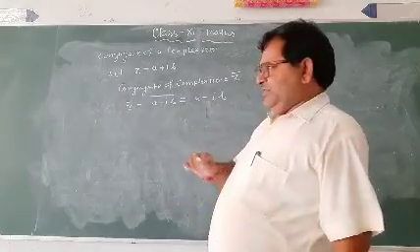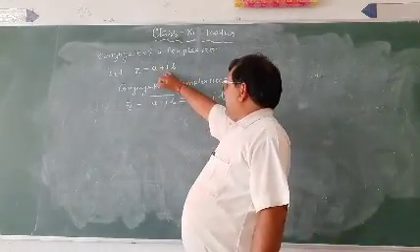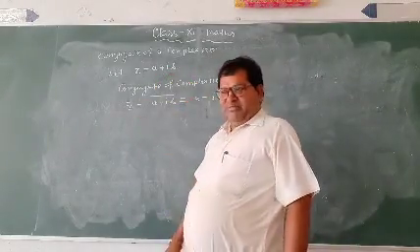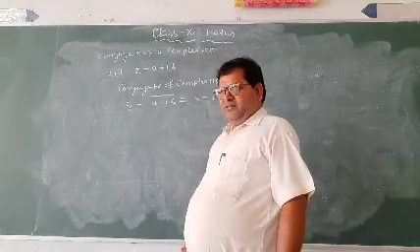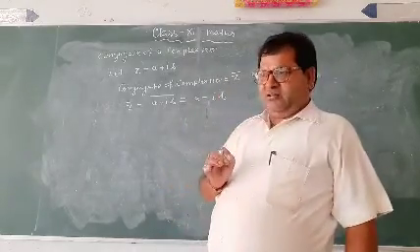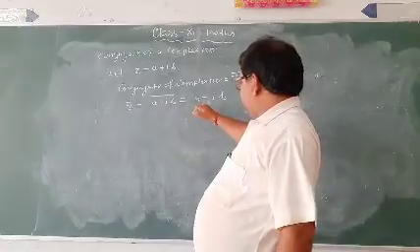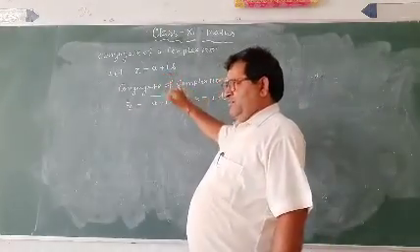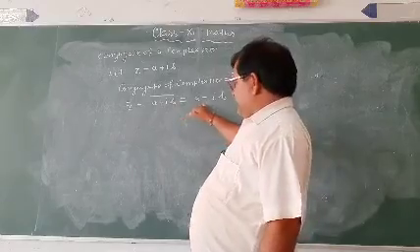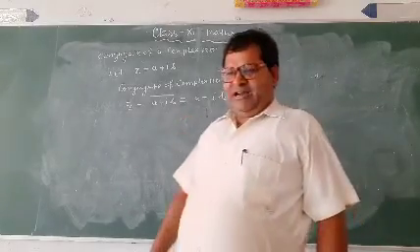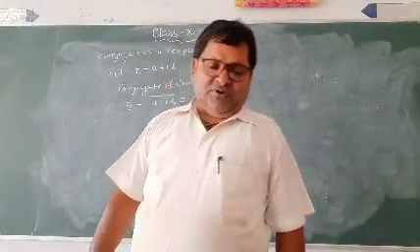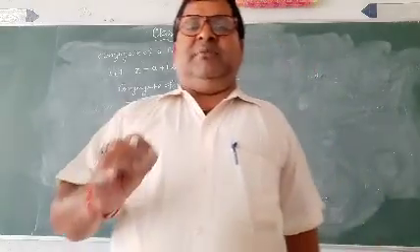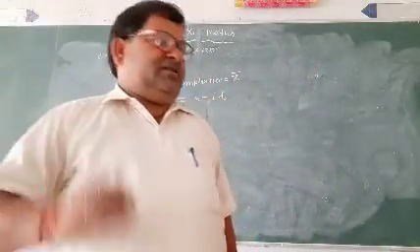Now change the sign of the imaginary part, then we get the conjugate of complex number z, represented by z bar equal to a minus ib.